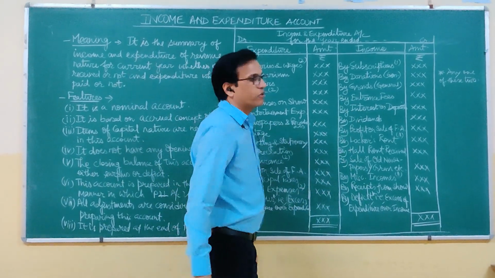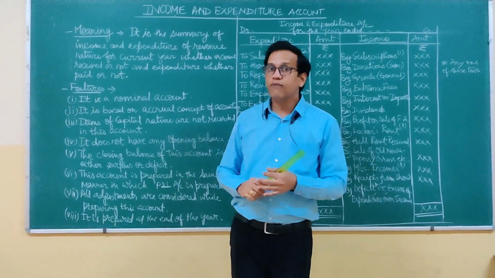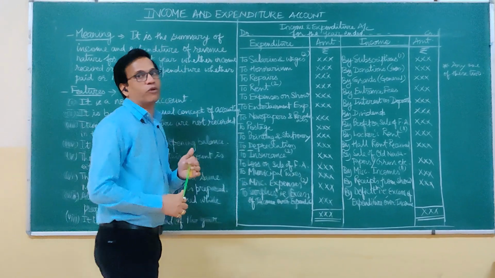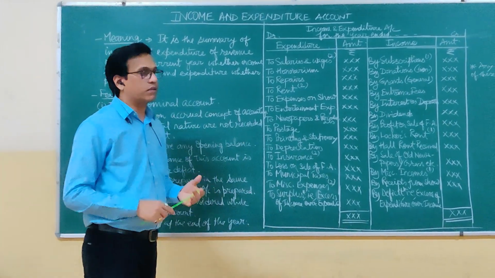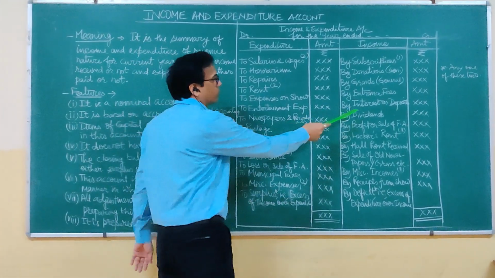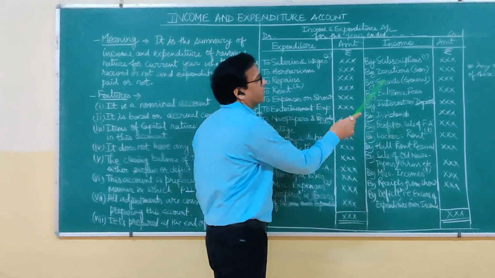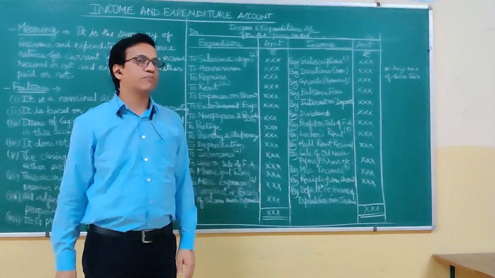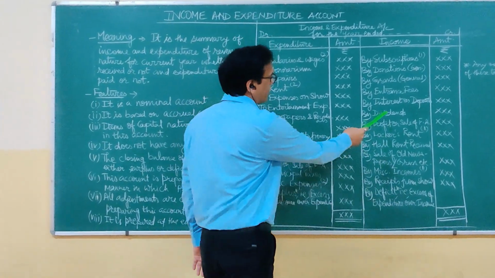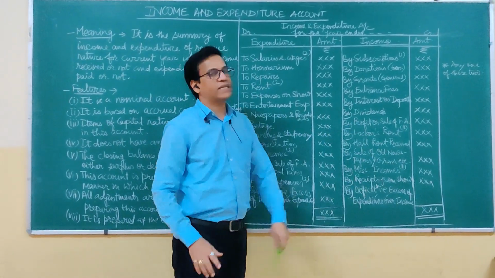Then interest on deposits. If you have made some investments in the form of deposits with a bank, say a fixed deposit, then interest on that amount, including the accrued interest, we will take here. Dividends: if investments are fetching some dividend, then that dividend is taken here. Profit on sale of fixed assets.